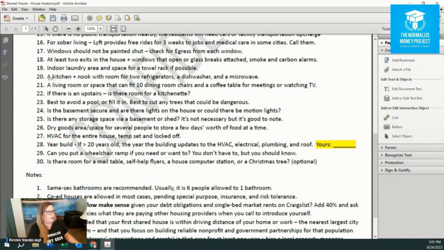Number 20. So a kitchen plus a nook. A lot of times there's a breakfast nook with enough room for 2 refrigerators, a dishwasher, and a microwave.